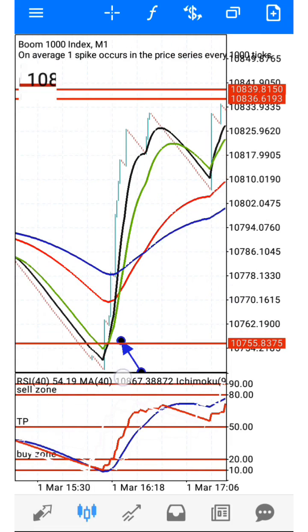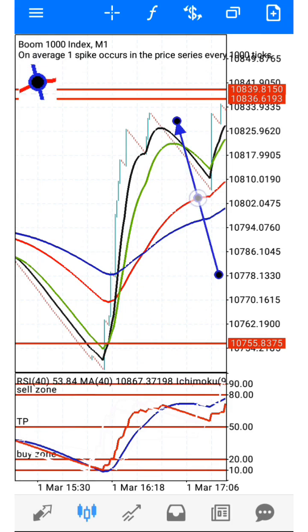After they cross, you wait for them to cross this red moving average as well, then you can place your buy. So immediately after this second spike that crossed above this red, I took my position here, and I was able to capture 60 candles, which means 60 pips. In this way, you catch a spike that is up to 60 pips, which is a very long spike.